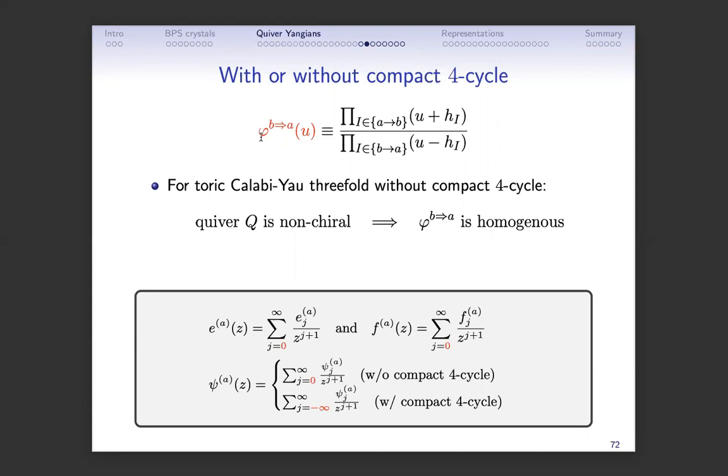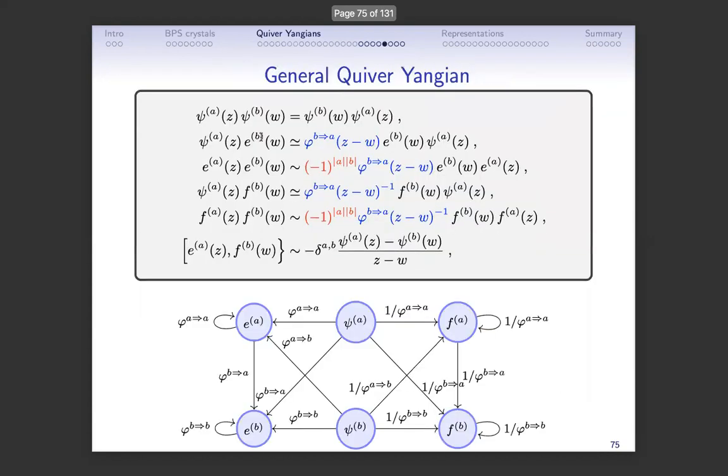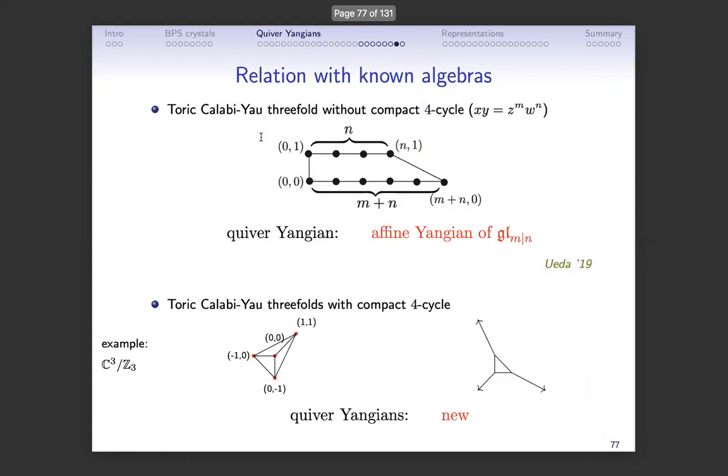So it's kind of important to fix all these cell relations. For the case without compact 4-cycle, the algebra is given by this, and the cell relation is also known. We can check that it works. But for this one, we kind of know a procedure how to fix it, but it's not very efficient.